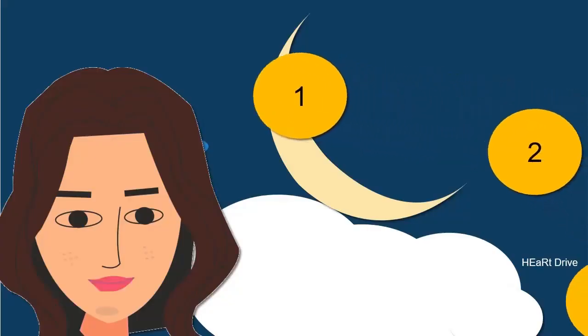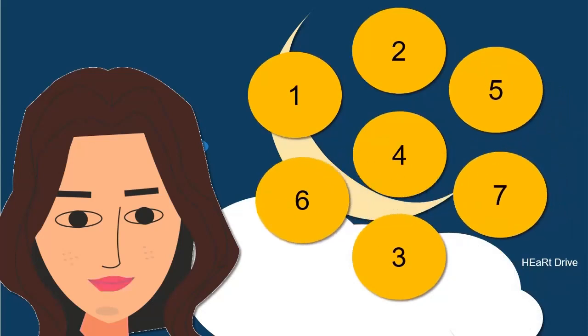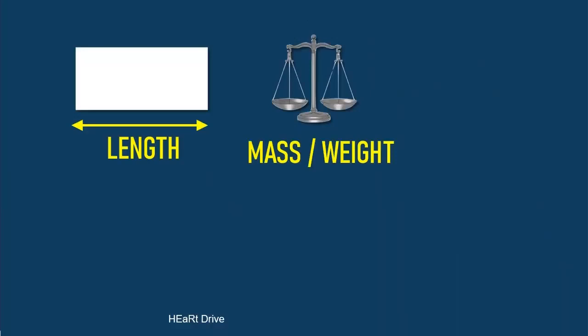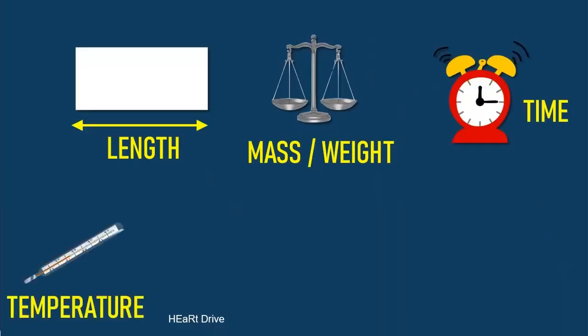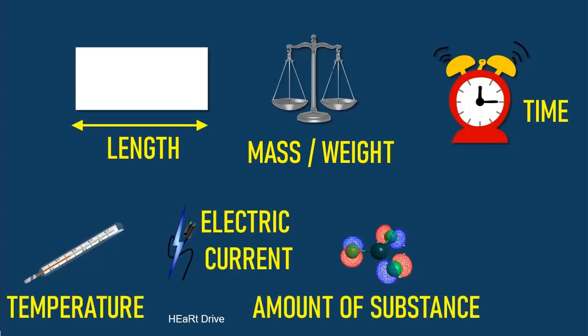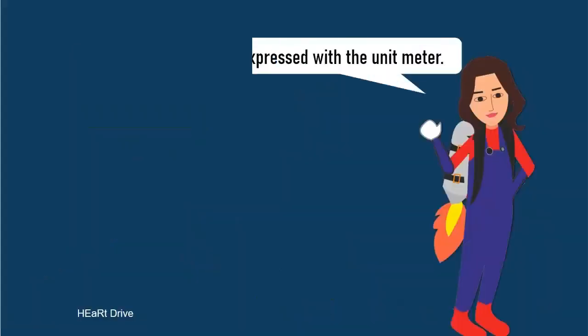There are 7 fundamental quantities in the System of International Units. They are length, mass, time, temperature, electric current, amount of substance, and luminous intensity.